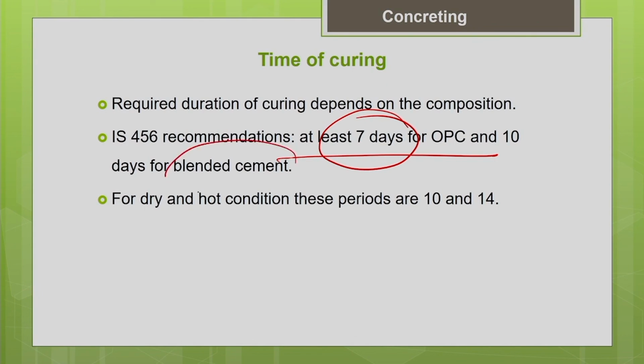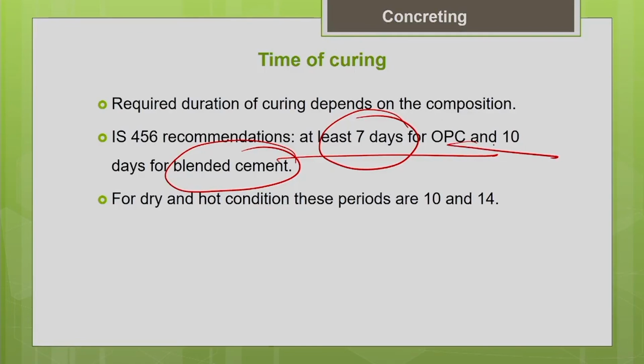But if you go for blended cements where we use fly ash or slag as a replacement for the cement, you know that with these pozzolanic materials the hydration process will be very slow. Since the hydration process occurs in a delayed manner, to facilitate the hydration process or the pozzolanic reaction, we should continue the curing for even 10 days if you are going for blended cements.